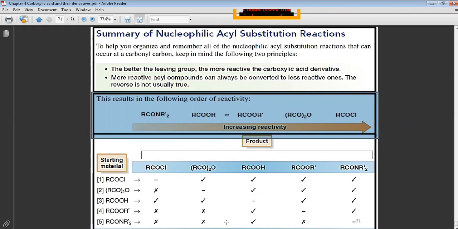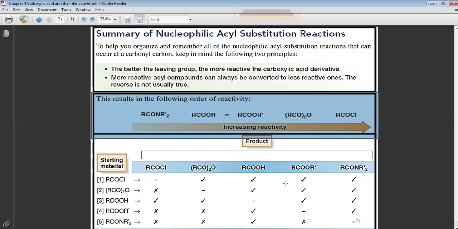If your starting material is an amide, you can only convert the amide to the carboxylic acid, but you cannot convert the amide to the acid chloride, the acid anhydride, or the ester compound.